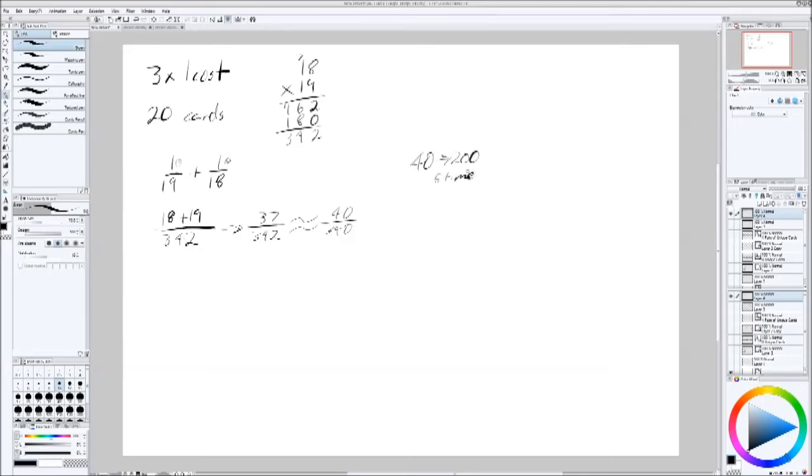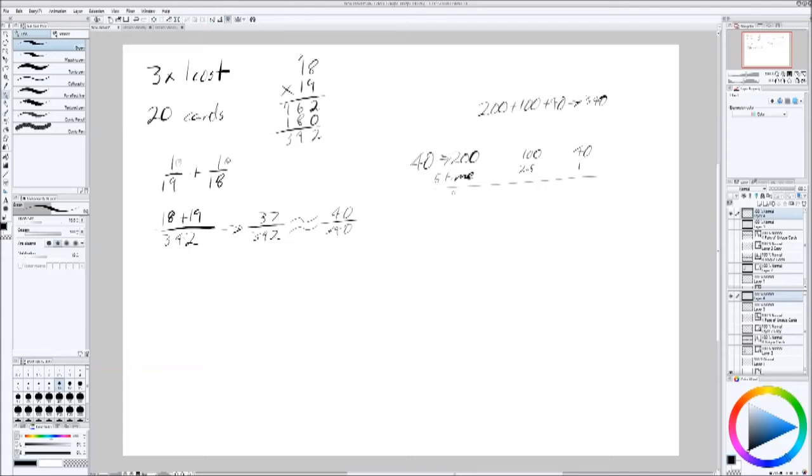That means that it goes into 100 2.5 times, and it goes into 40 once. So that means we can add these numbers together, because 200 plus 100 plus 40 is that 340.